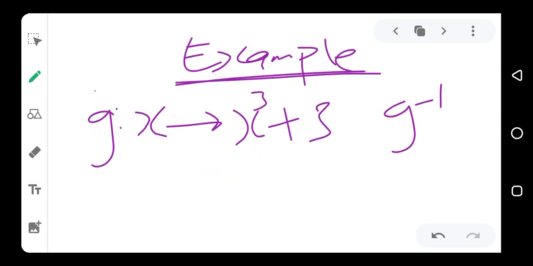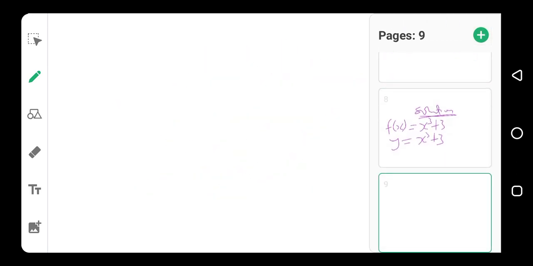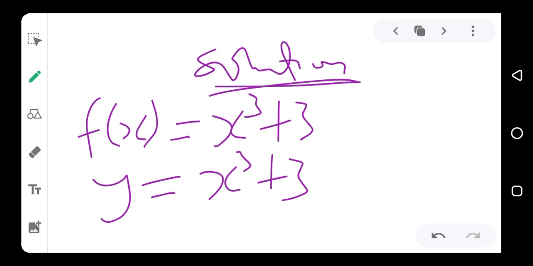And now we want to make x the subject of the formula. So from here we have y equal to x raised to power 3 plus 3. Let's take 3 to this side to make x raised to power 3 stand alone.